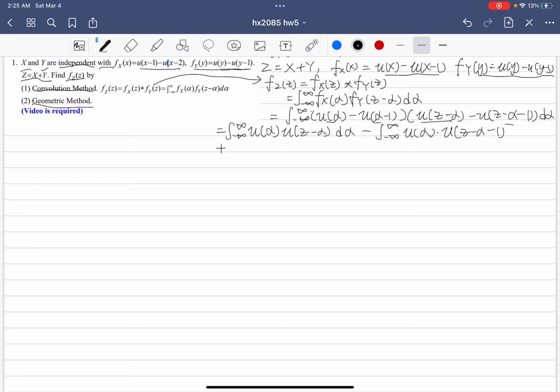The third part is minus the integral of u(alpha minus 1) times u(z minus alpha) d alpha. The last part is we need to add the integral from negative infinity to infinity of u(alpha minus 1) times u(z minus alpha minus 1) d alpha.